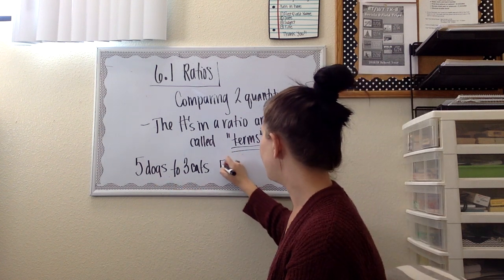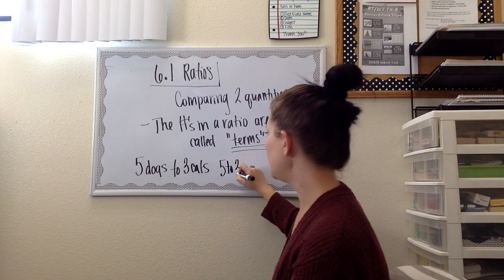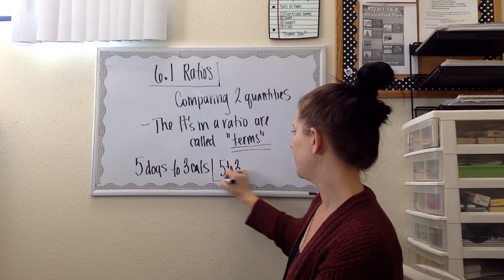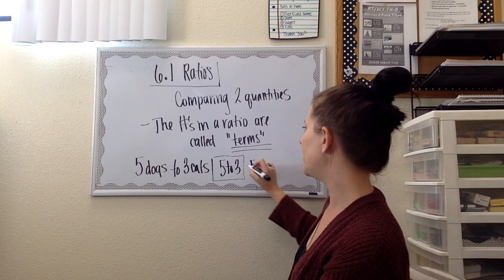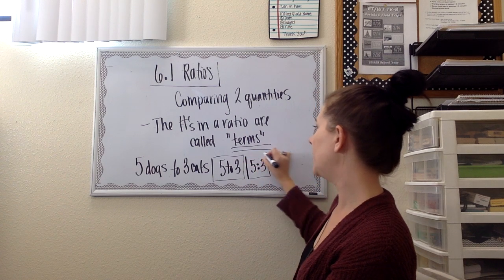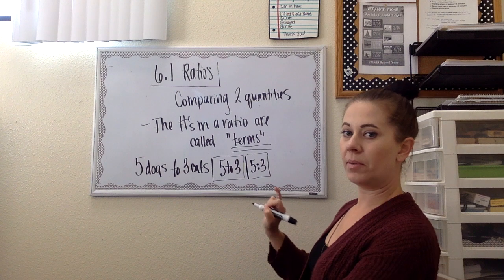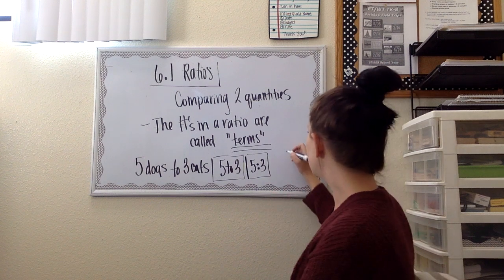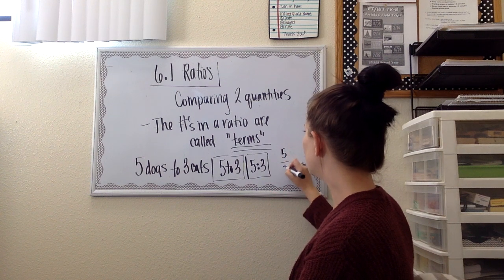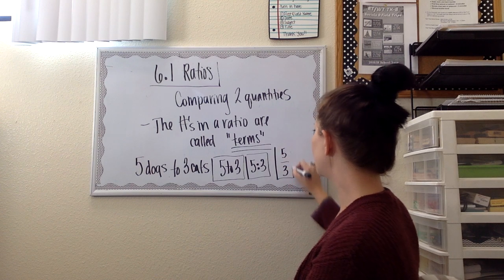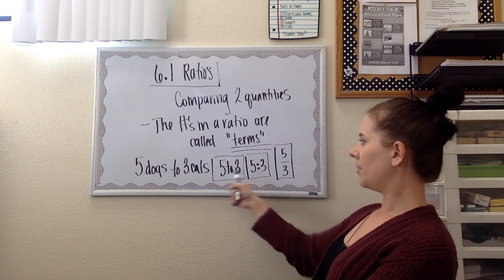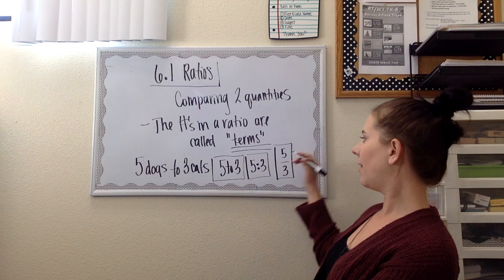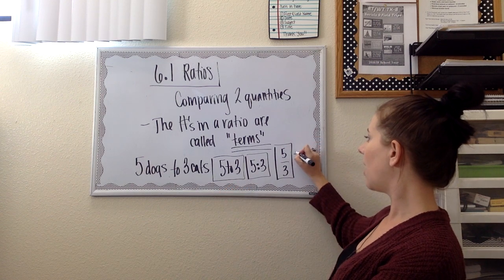So we could say 5 to 3. That's one way. We can say 5 to 3. Now I know I said it the same way, but look, I wrote it a different way. But it would be said the same way. And then we can write it like this, or 5/3. Now notice, in these two examples, 5 comes first, 3 comes second. In this example, 5 goes on the top.